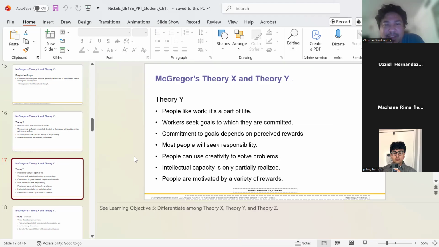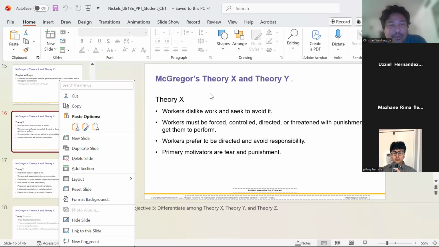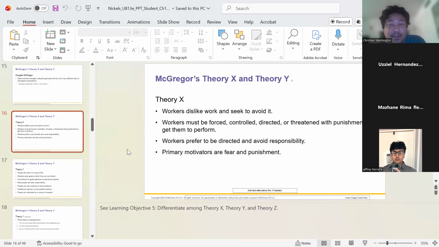Theory Y definitely seems more rational, logical in terms of the human experience, but that's not always the case. Survival is very different, right? So if you have a job that's there for survival, you may find Theory X could be more relevant, right? In terms of the way people are. And there's a personality characteristic to it too. Different people feel and think and behave and respond in different ways.